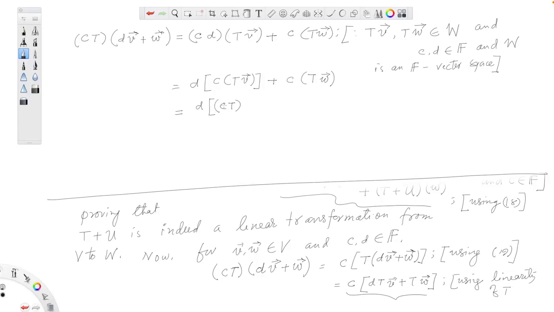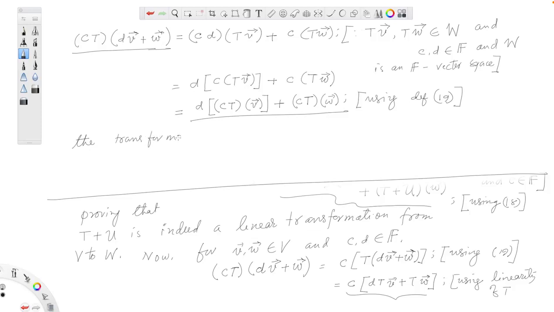This is cT as a linear transformation from the vector space V to W that acts on the vector v, and again by the same token, c times T is the linear transformation from the vector space V to the vector space W. So using definition 19, this guy is equal to this, which means that the transformation c times T is a linear transformation.